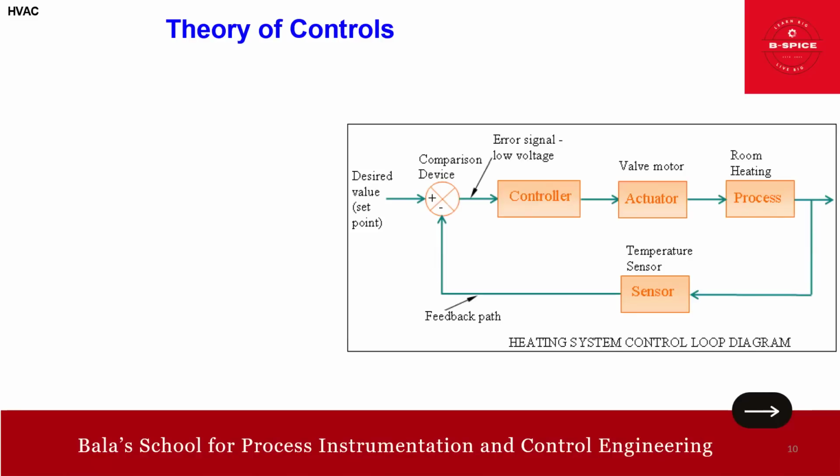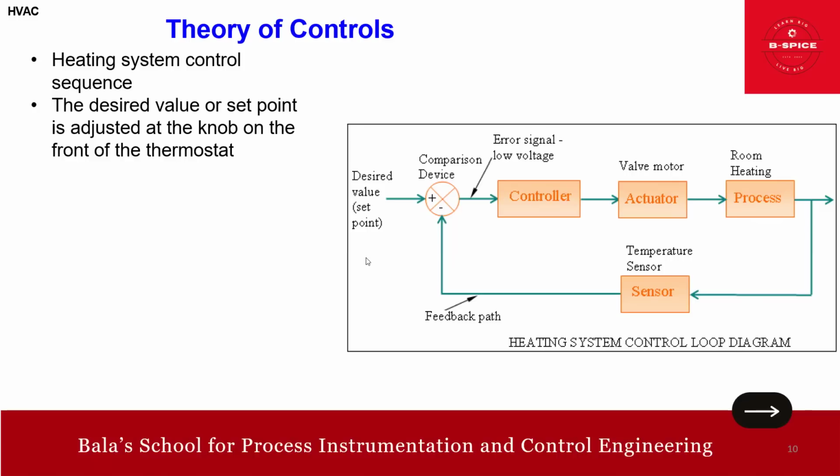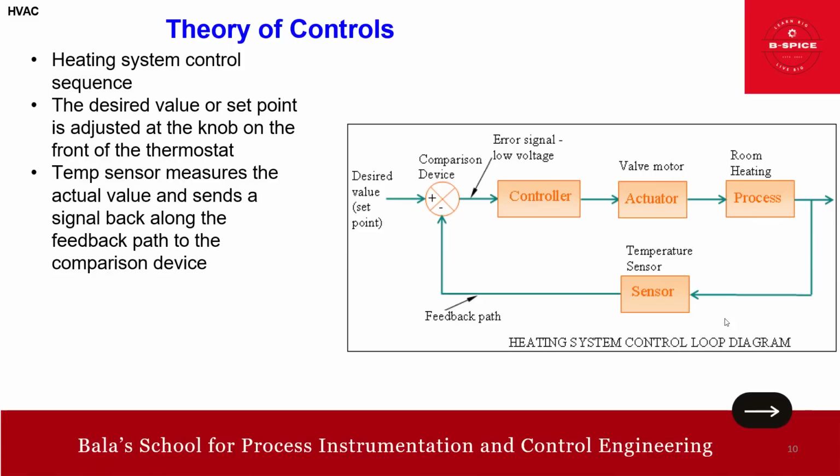Maybe I'll explain a bit more with the help of a sequence. The desired value or set point is adjusted with the knob on the front of the thermostat. The temperature sensor measures the actual value and sends the signal back along the feedback path to the comparing device.